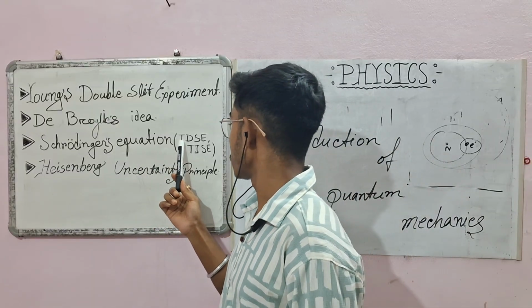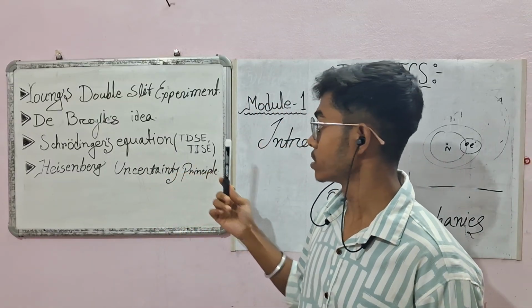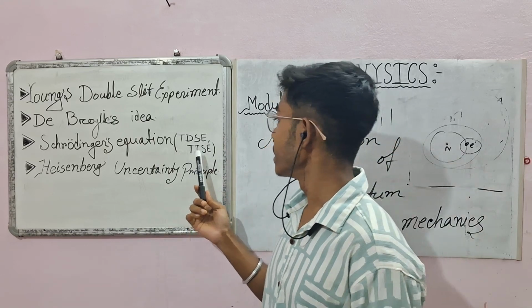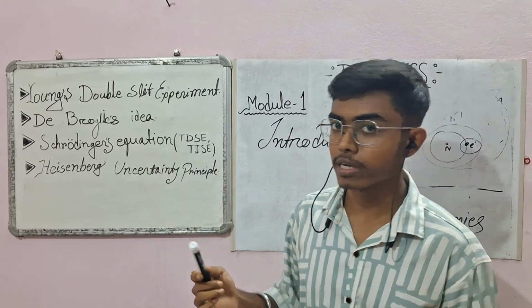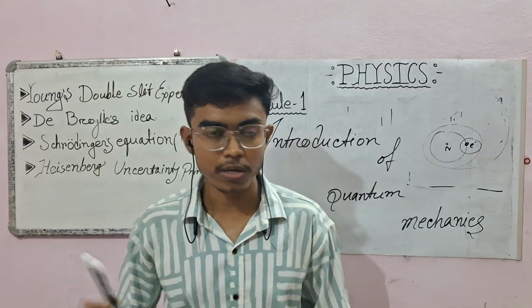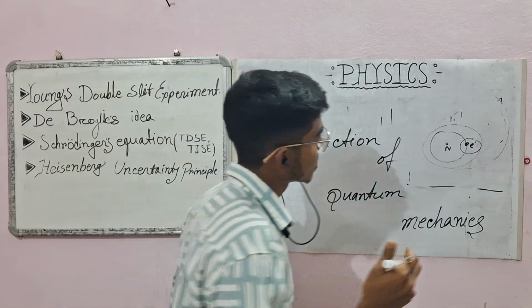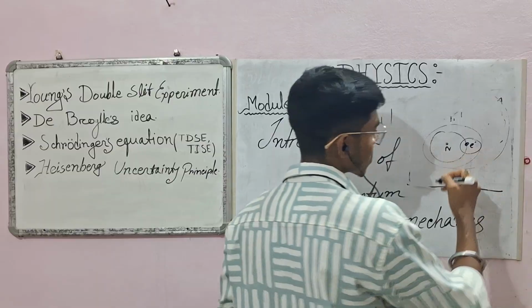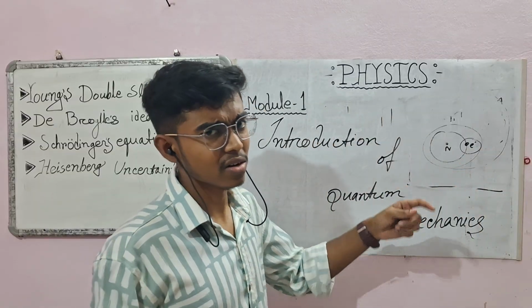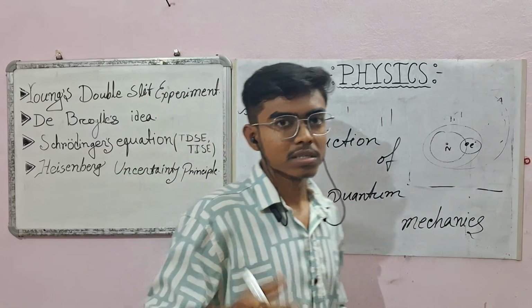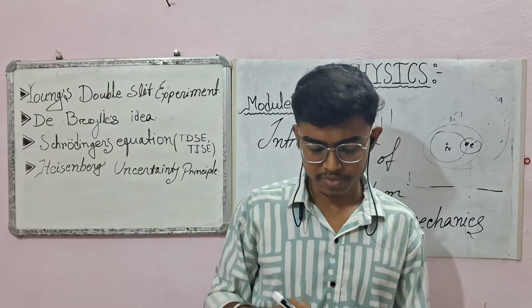One is the time dependent Schrödinger equation, and another one is the time independent Schrödinger equation. Using this Schrödinger equation, we can predict the position of electron, wavelength, or whatever we will discuss in our upcoming videos.